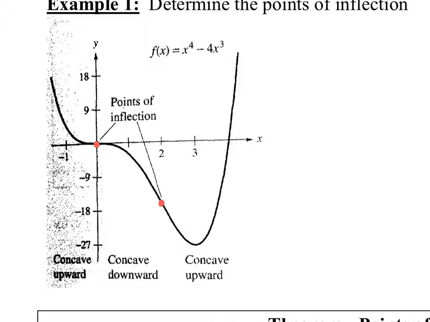If you think about this, it makes sense. As you approach a minimum value, at one point we're starting to go downhill here between 0 and 2. It's going downhill faster and faster, but at some point, if we're going to turn around and go back up, we've got to start slowing down.